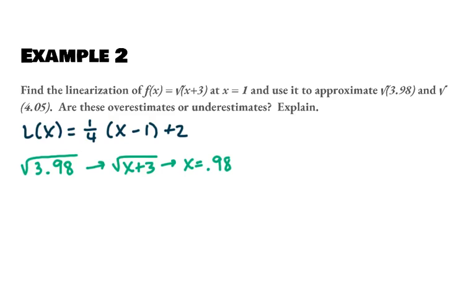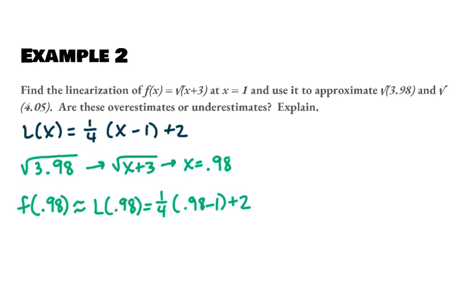So again, you're trying to figure out, if this is what I'm seeing evaluated, what was the actual x I was using there. And then from there, it's pretty straightforward. So we can say that f of 0.98 estimates to L of 0.98, which is 1/4 times 0.98 minus 1 plus 2.